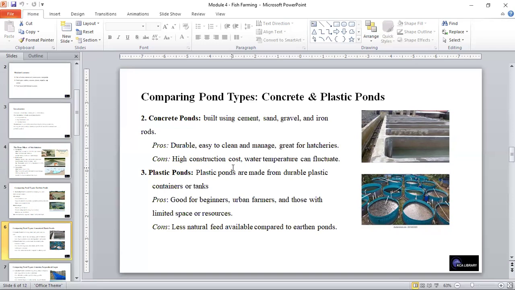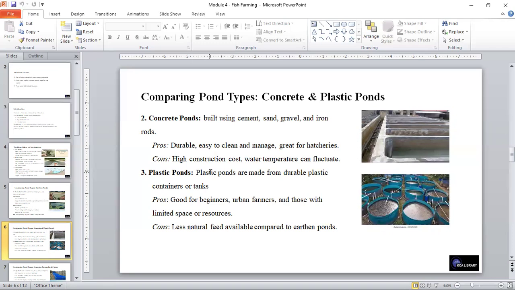Hatcheries is where eggs of fish are being hatched into smaller fishes. And the disadvantage is that it has a high cost of construction and water temperature can fluctuate.